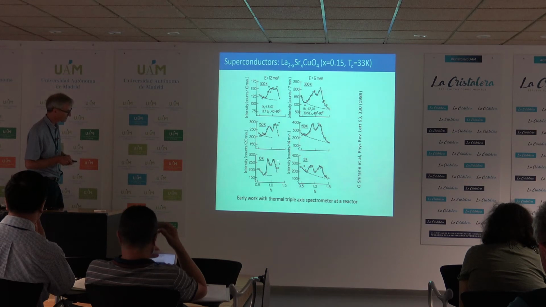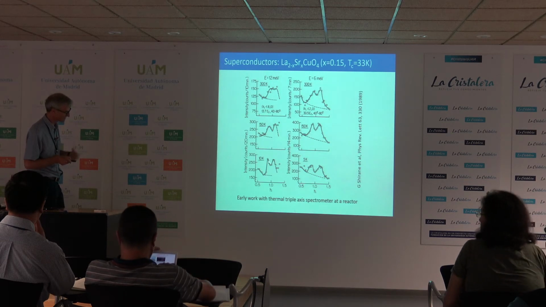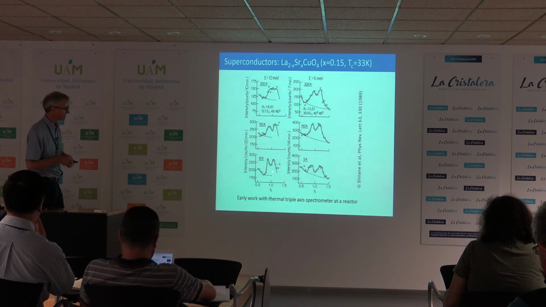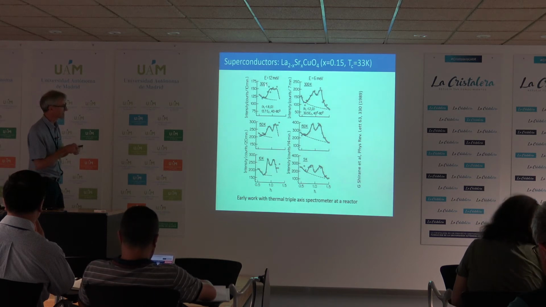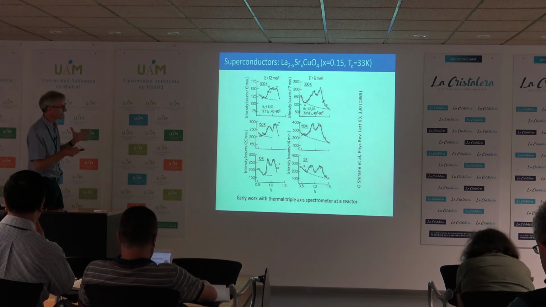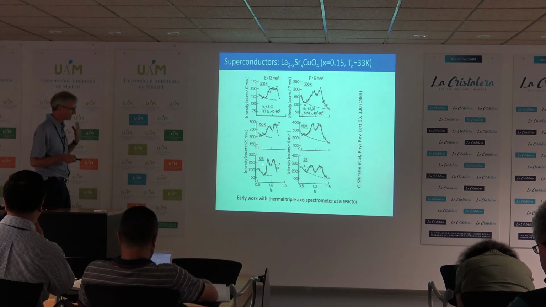If we scan through near the center of the Brillouin zone, we see two peaks in nearly optimally doped LSCO, and he found that as you raise the temperature, these get more diffuse, and they exist at different energies here. So it goes right back to the 80s, the observation of the low energy scattering in the cuprates.